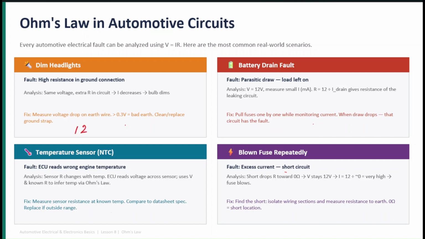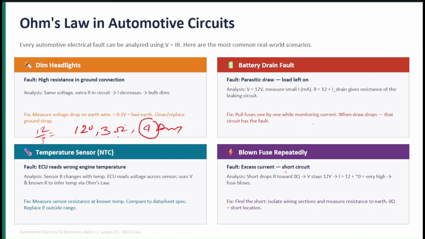We have 12 volt, and consider that the headlamp has 3 ohms resistance. So what would be the current? 12 by 3, 4 ampere. That means this particular headlamp will work fine if you give 4 ampere.